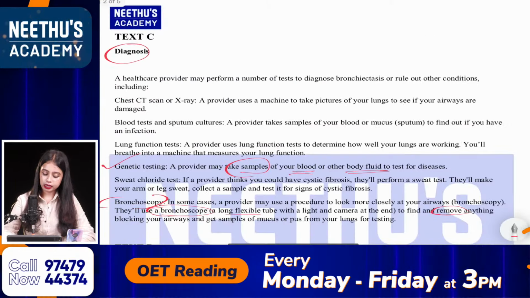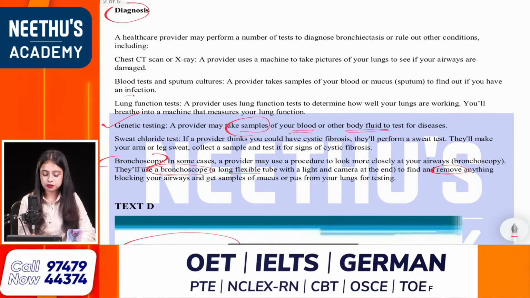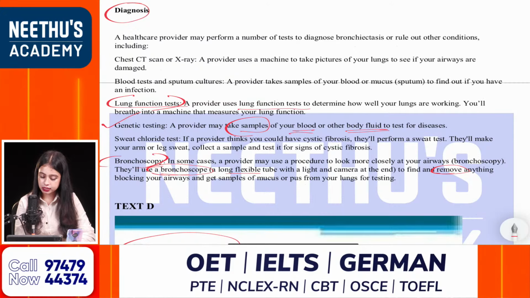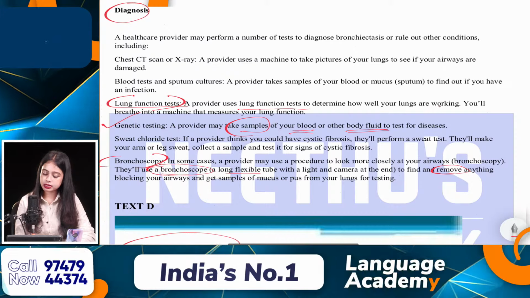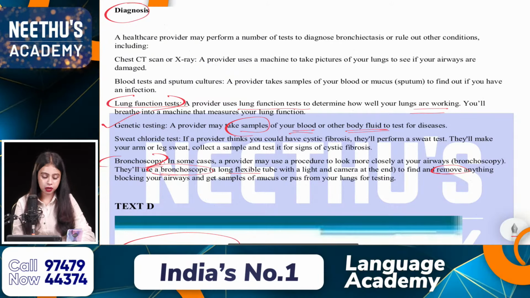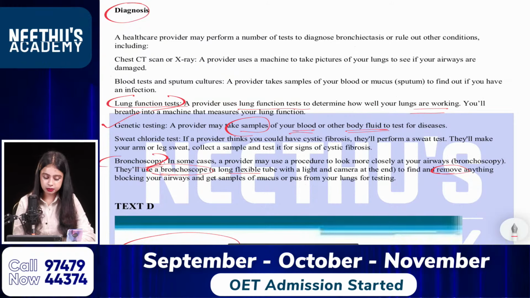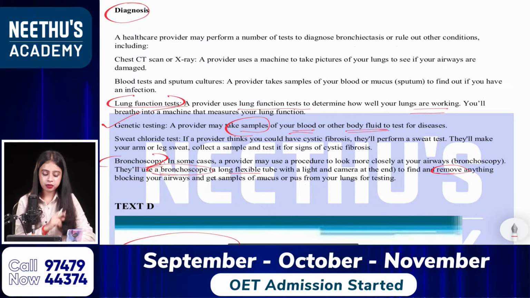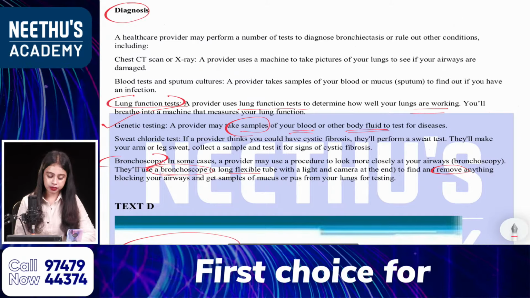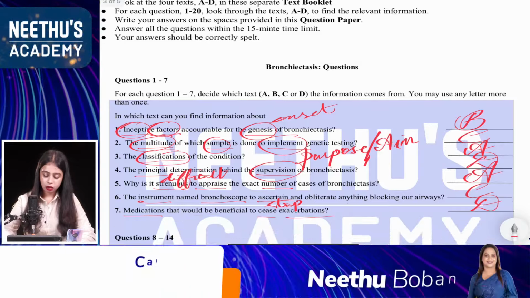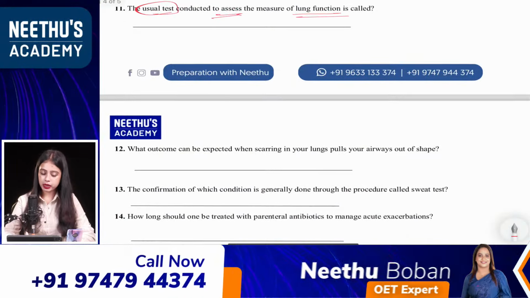Which test? That is lung function test. A provider uses a lung function test to determine how well your lungs are working. Very good, Reshma. Yes, Caroline, it is lung function test. Okay, Sulega, the 10th one, immunity. Excellent, dear. Okay, Nasia, it's lung function test. Very good, dear. And what about the 12th one?